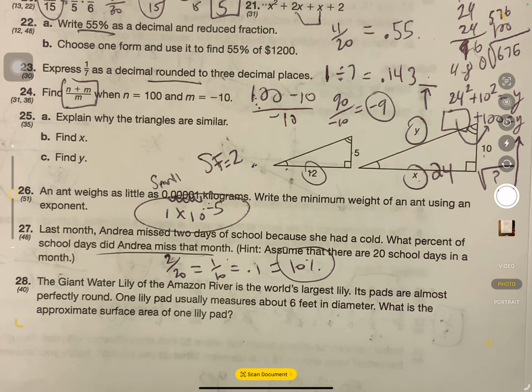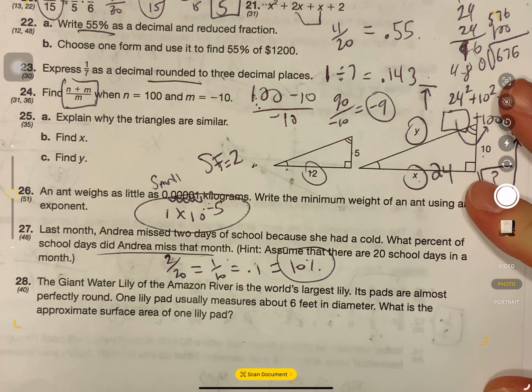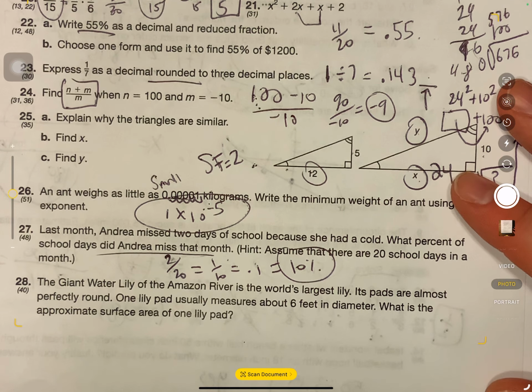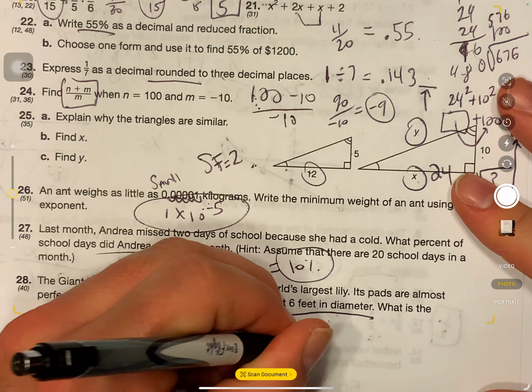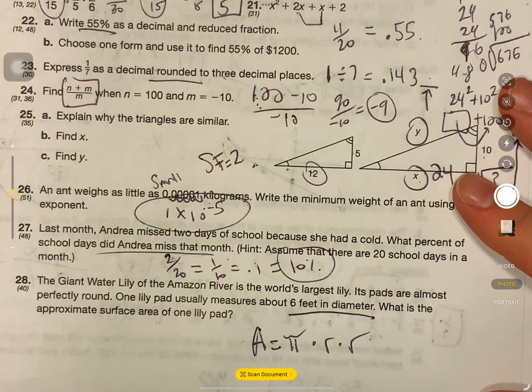The giant water lily of the Amazon River is the world's largest lily. Its pads are almost perfectly round. One lily pad measures about 6 feet in diameter. What is the approximate surface area? Whoa, the area of a lily pad. Well, you can't get the area with the diameter. It's pi times radius times radius.